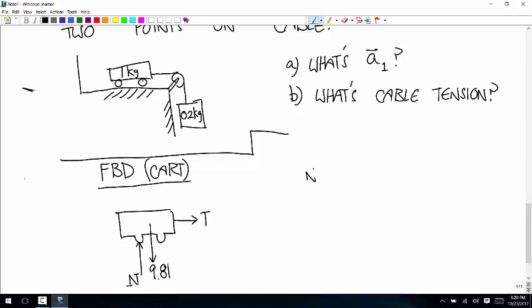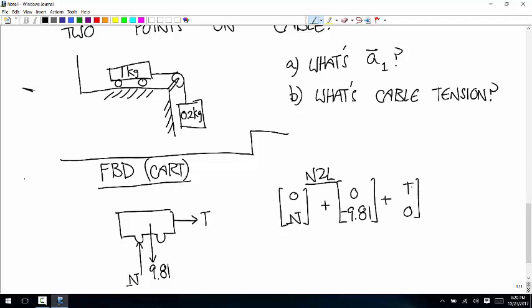And so then we'll go to Newton's second law. And Newton's second law says [0, N] plus [0, negative 9.81] plus [T, 0] is equal to the mass of the cart times its acceleration.